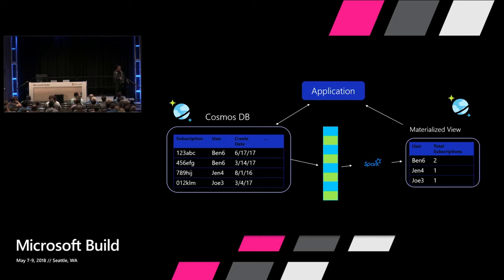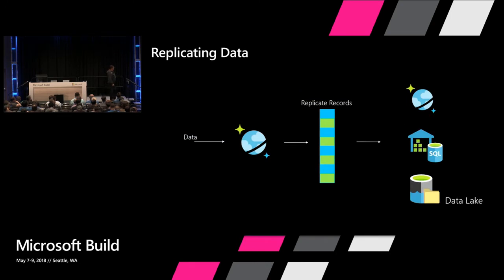And at that kind of throughput, you still want to build some materialized view. You can use Spark to create the view, put it back into Cosmos DB in another collection, and have your application look at both the incoming data and the aggregated data. So that's another way. Third, as we talked about, is replicating the data and moving the data to cold storage for long-term keeping.